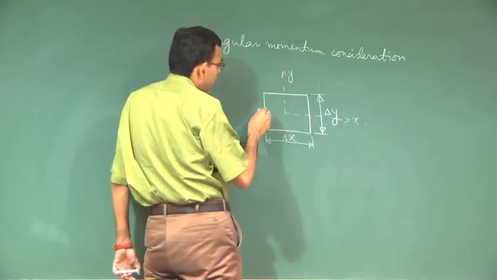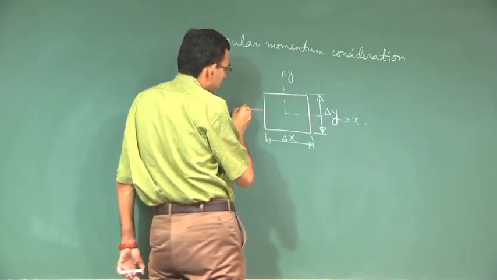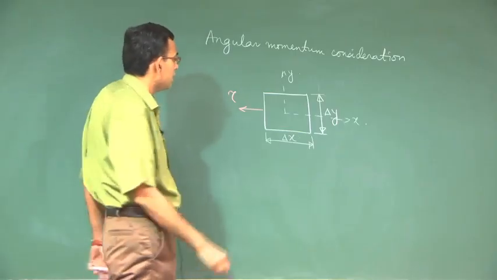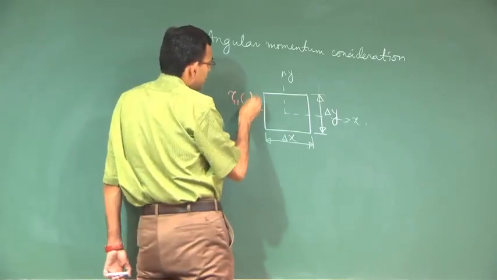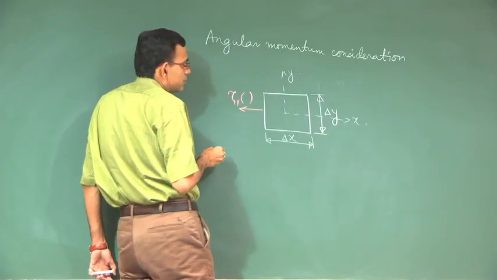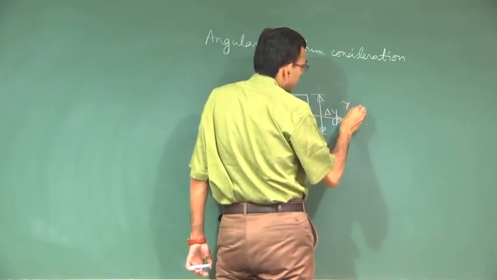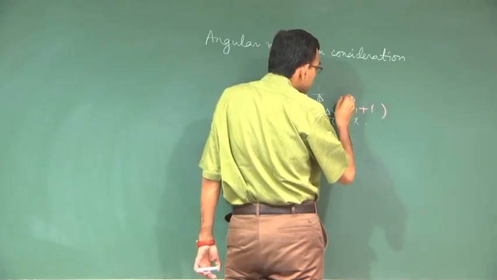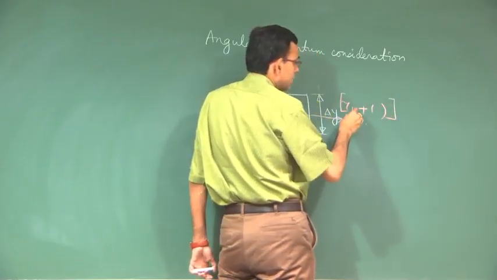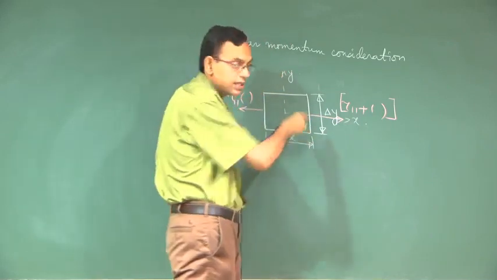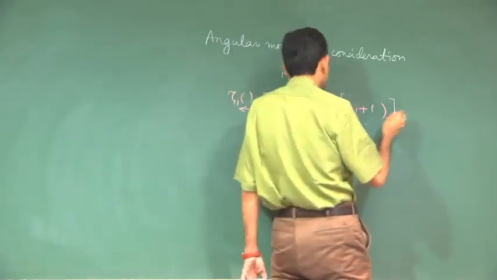Now, what will be the forces acting on this? Let us write here tau 11 times some area, and here tau 11 plus the change, as expressed through Taylor series expansion, times some area.